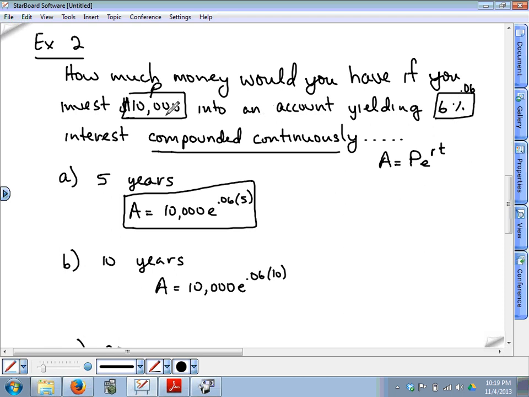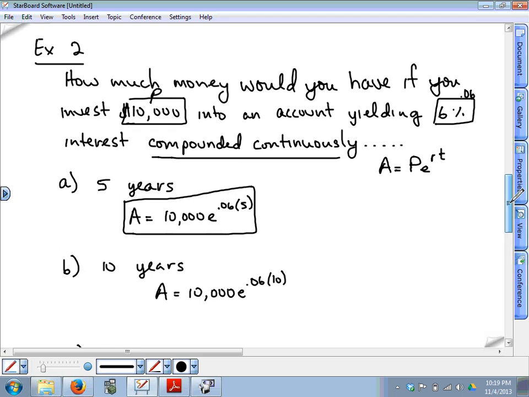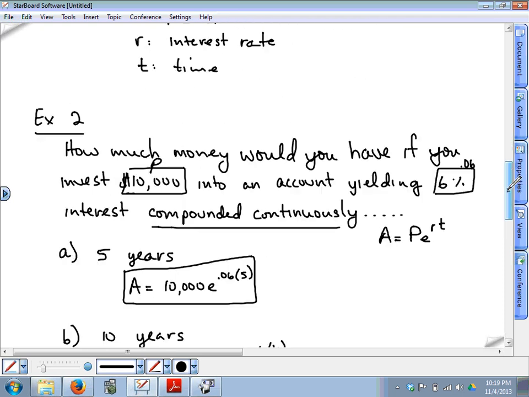Or if $10,000 grew to $20,000 at 5% interest, how long did you leave it in there? So we'd be solving for different parts of this formula, which can be done without a calculator, but we have to know a little bit more about logarithms. So that's what's coming up later on in chapter 4. But for 4.1 and 4.2, that is about it.